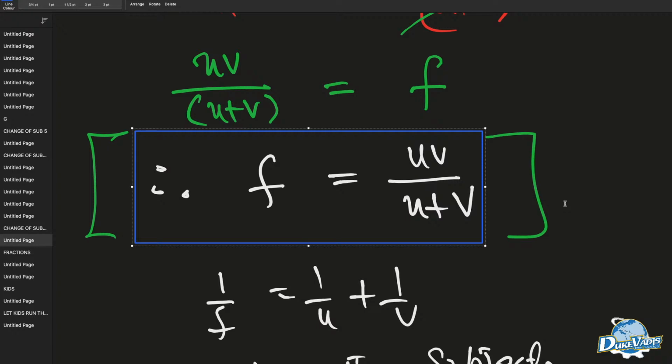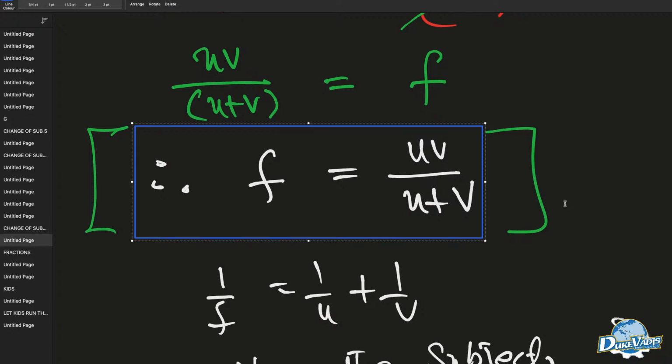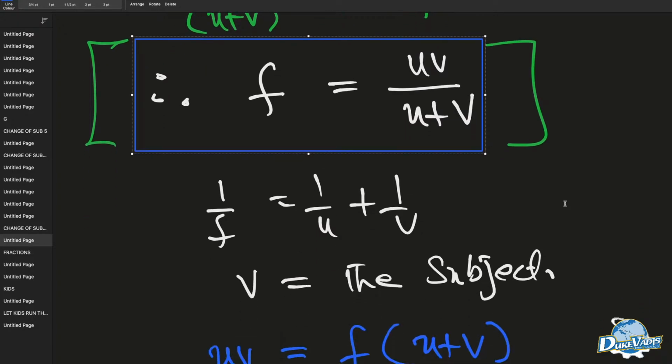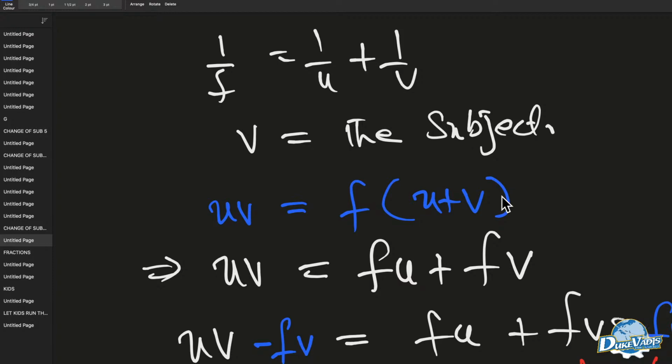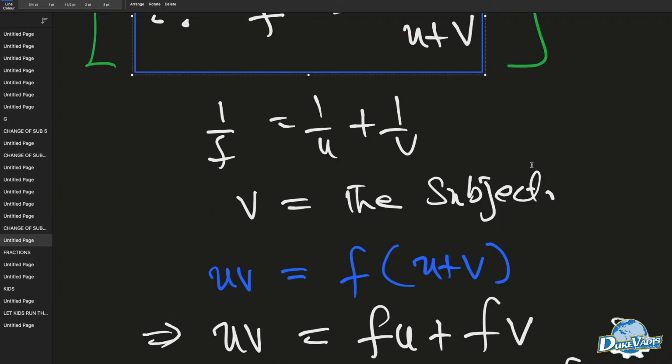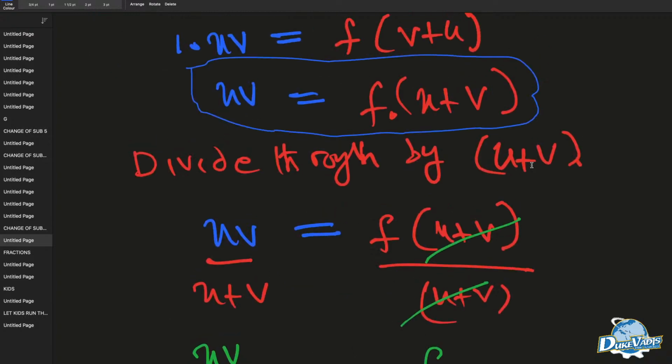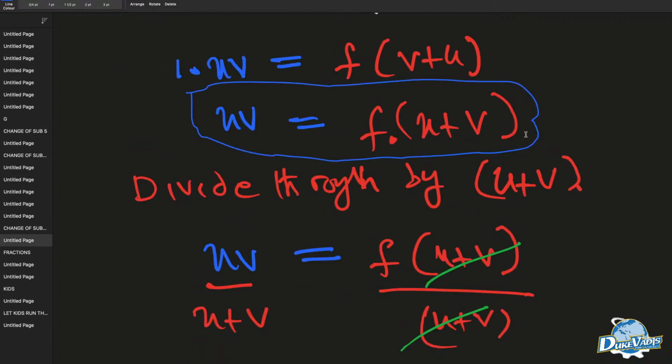And the other one, 1 over F equals 1 over U plus 1 over V. Over here, our interest was to make V the subject, and we were able to do that. So what did we do? With the same equation, we took this one from the first part when we multiplied through and attained UV, as I highlighted it.